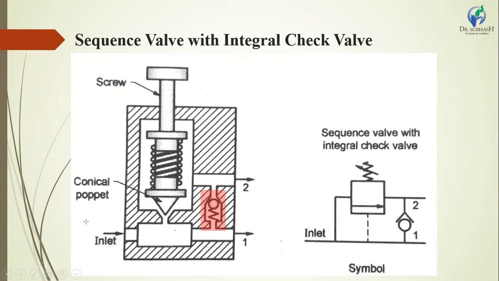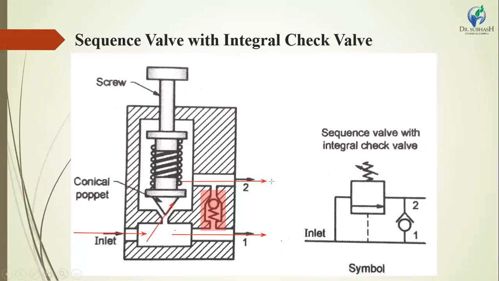First, the hydraulic oil comes from this inlet and goes out from point 1, and cylinder 1 is directly operated. When the first cylinder is extended to the complete position, the pressure increases, and at that time the oil passes through the conical poppet to the second cylinder, and the second cylinder also extends, by sequencing of 1 and 2.